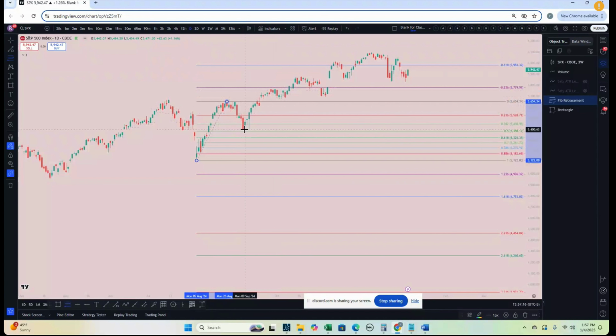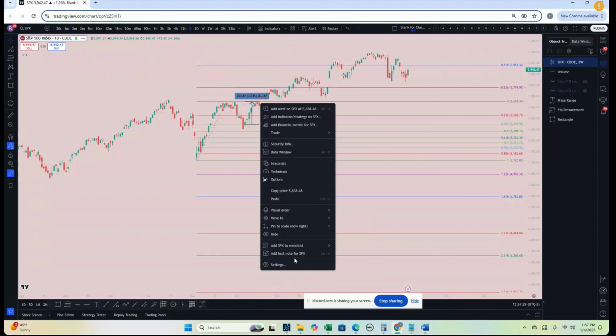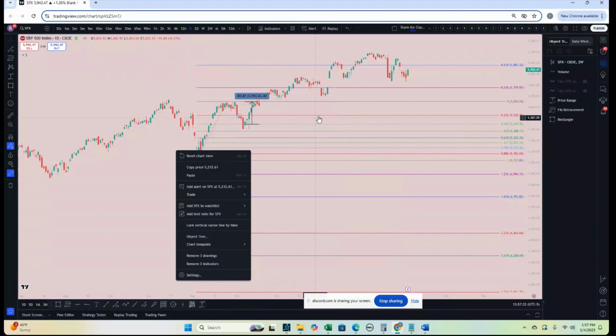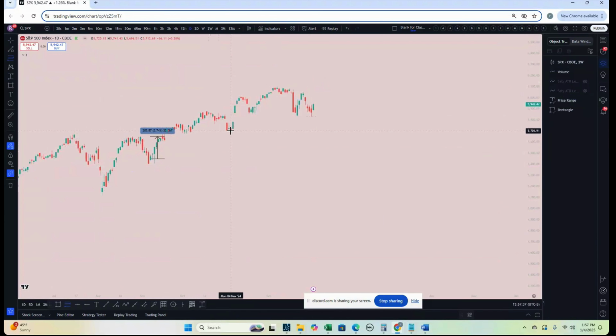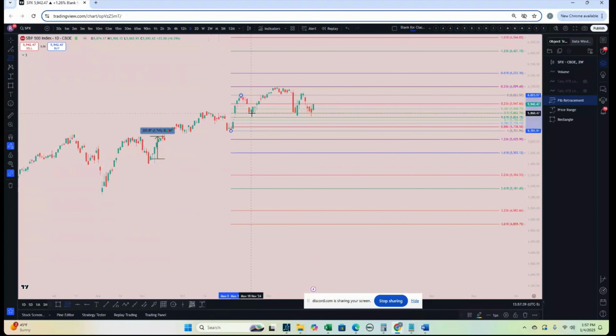But you had about 10 days here and you had a move of almost 200 points. Pretty decent size move. And then here, boom, at the 0.5 level, as soon as it hit it, 20 days, 240 points.